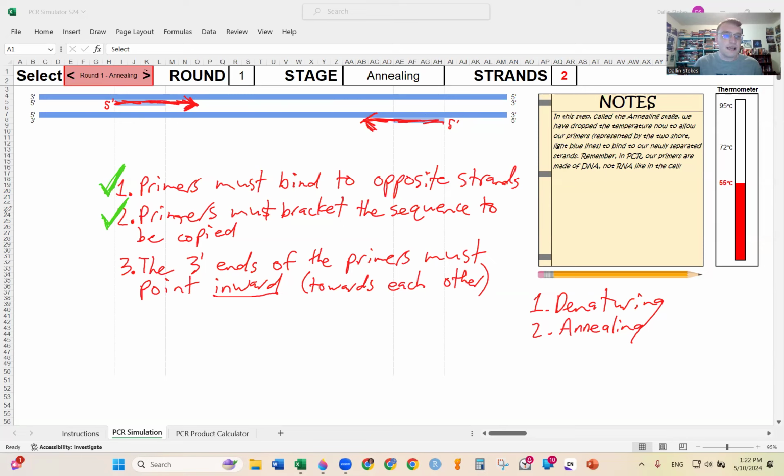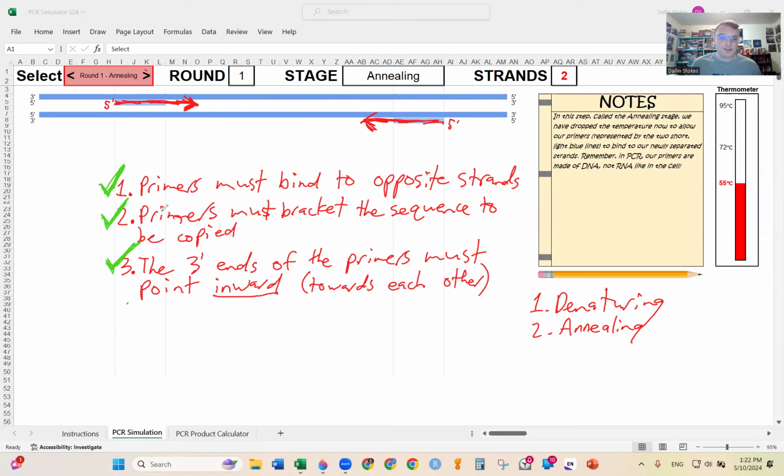So they are pointing inward, which means we pass rule 3. So this pair of primers will work and actually successfully make a product, which is what we call the photocopied piece of DNA.